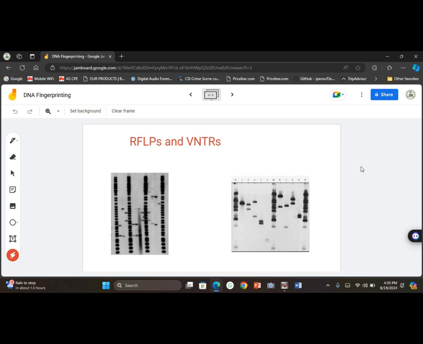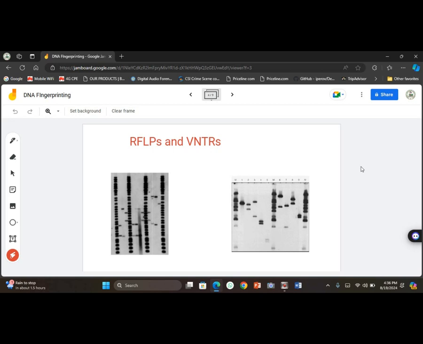The sample may come from the hair, it may come from the blood, it may come from any part of the human body. So after obtaining it, you extract the DNA from it. Then the second stage is cutting, sizing, and sorting of the DNA sample.